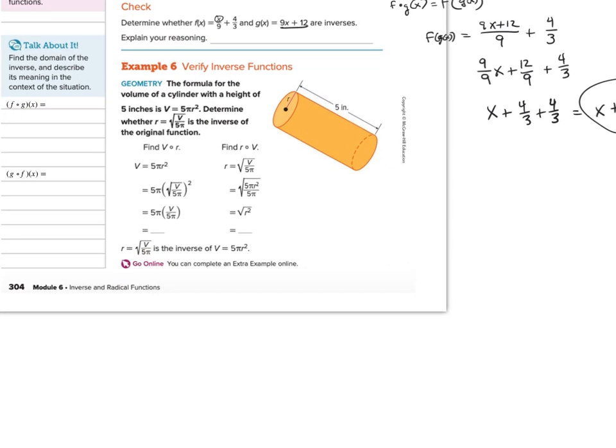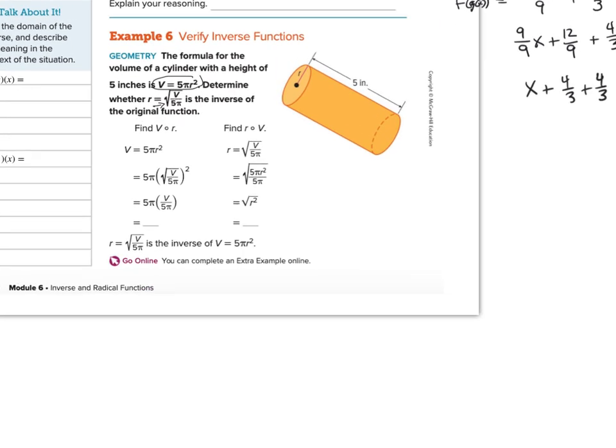And then in this one, it's asking: the formula for the volume of a cylinder with a height of 5 is this. Determine whether this is the inverse. So if we plug in the radius, is the radius going to be the inverse? Well, we replace radius with its given value, and when we multiply it out, 5 over 5 cancels out, pi over pi cancels out.